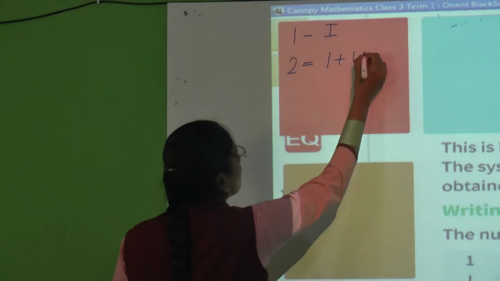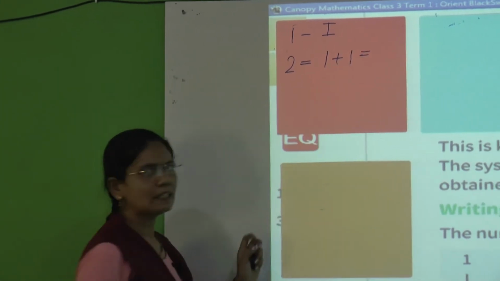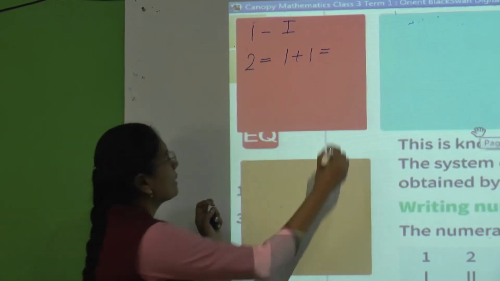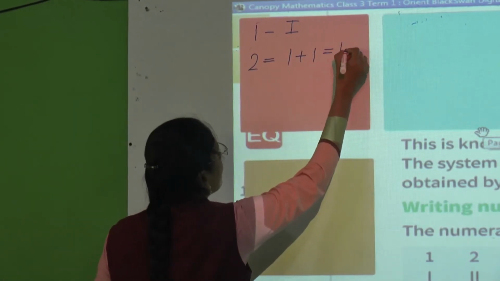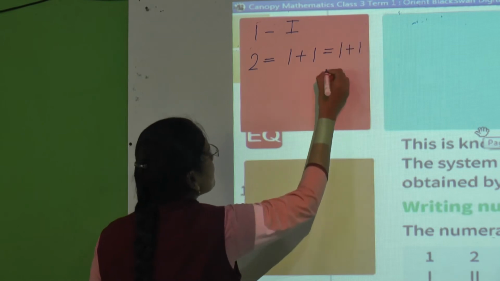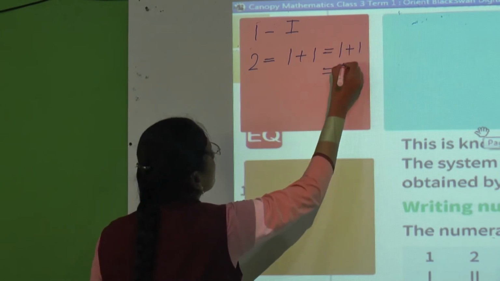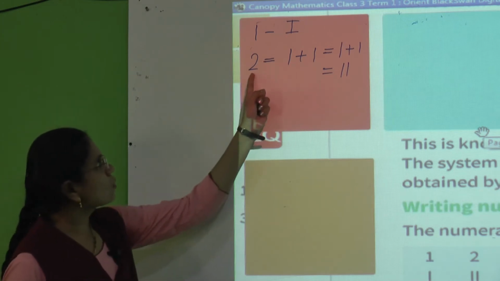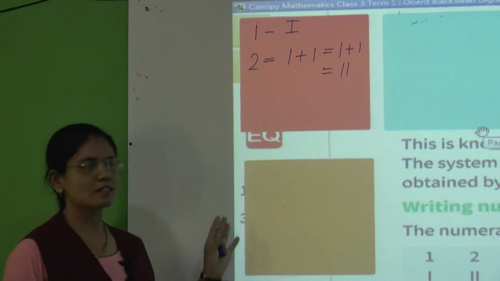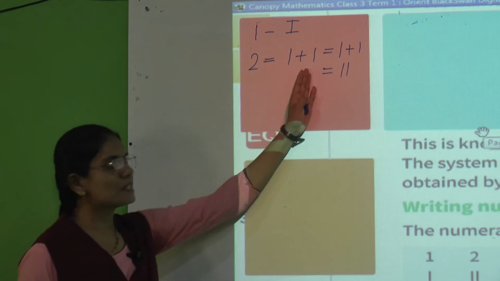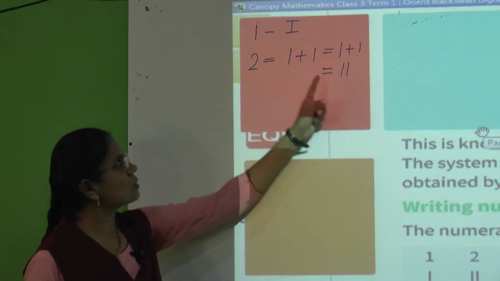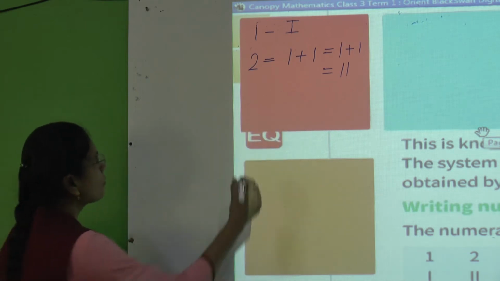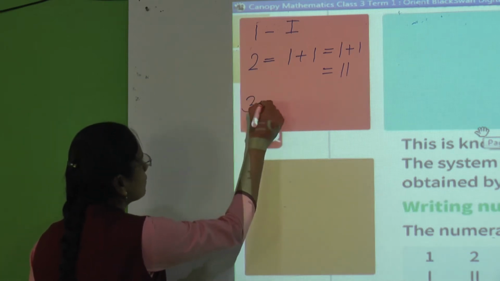For 1, which letter are we using? I, capital I. So I plus I means for 2, double I. Why? Because we have to split up the numbers. 2 is equal to 1 plus 1, and for 1 we are using I. So 2 means double I. Now suppose we have to write 3.